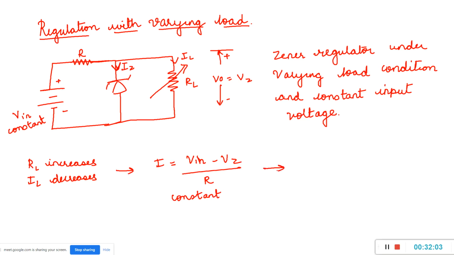So if I is a constant, we all know that IL is constant, so obviously Iz will be varied. I minus Iz is equal to I minus IL, because I is equal to Iz plus IL, right? Correct? So here Iz increases.